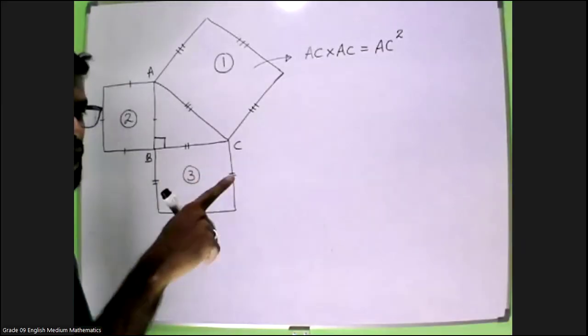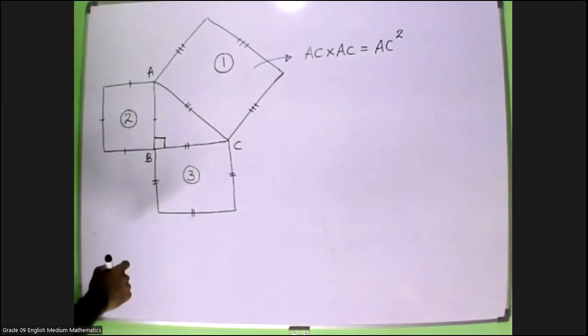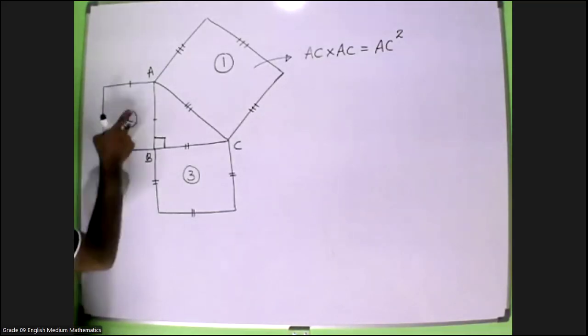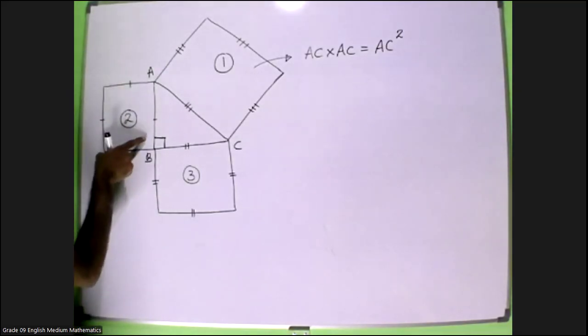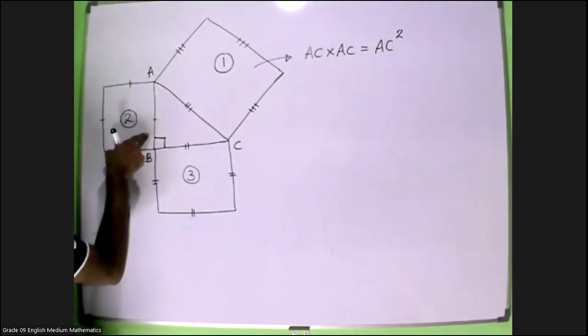So let's see how to express the area of square number 2. The length of one side of square number 2 is AB.